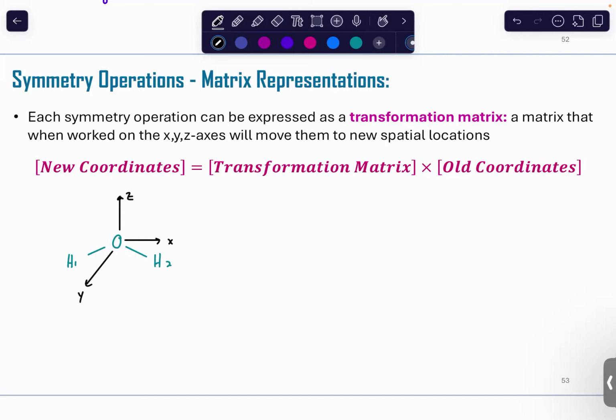Then there's your X, Y, Z, okay? Now, let's figure out what happens with all of the symmetry operations. So, okay, water is a C2V. Okay. So now the first thing we have to do is see what happens when we have a C2 rotation. Okay.